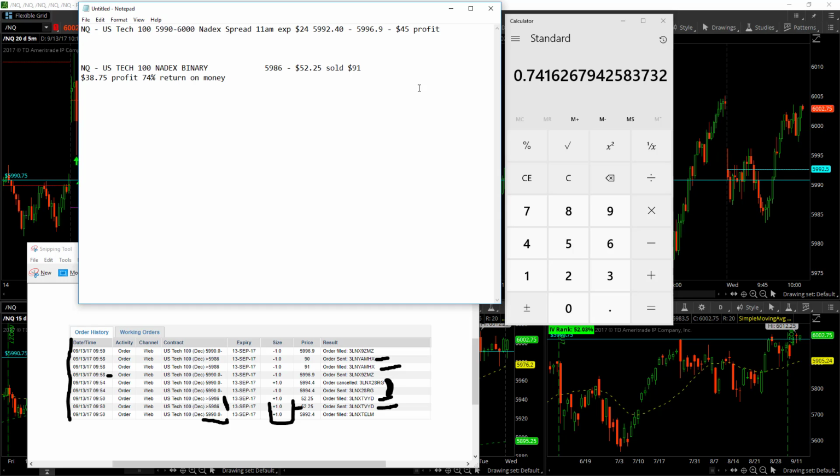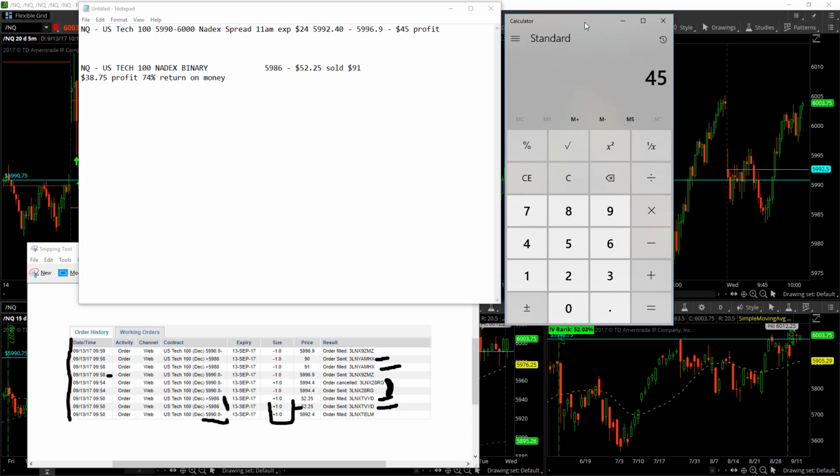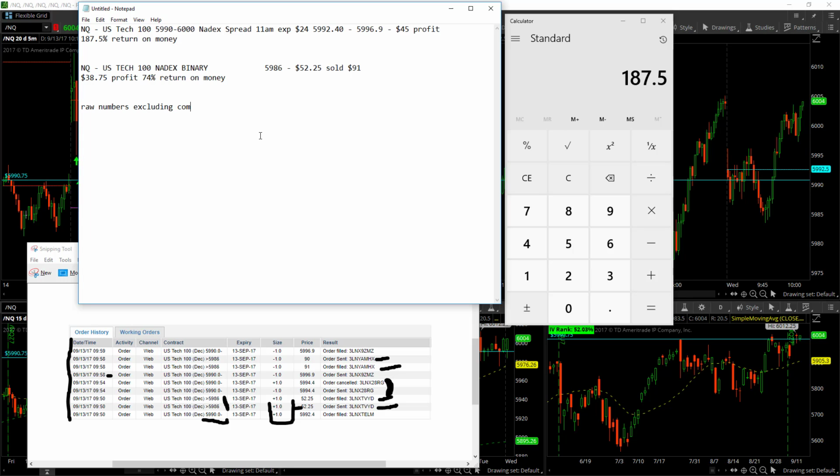And then if I know how to do math right again, we're looking at 45 divided by 24 and multiply this by 100. So we're looking at 187.5% return on money, excluding commissions, all this stuff.